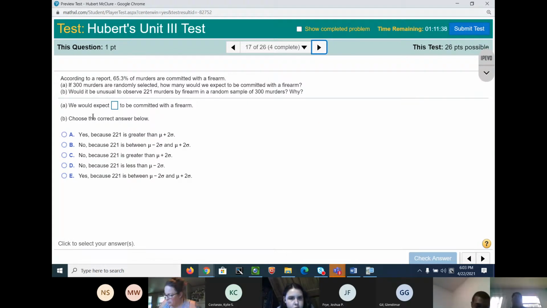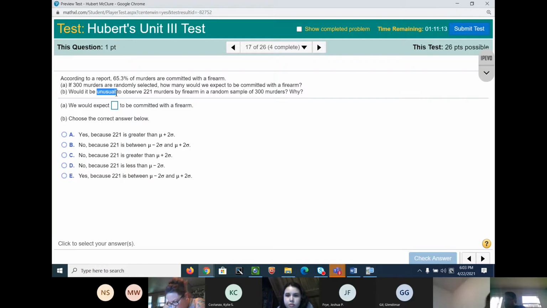Okay, so looks like to me we've got to get the mean and the standard deviation so we can do the empirical rule. Now, how do I know that? Because of this word. What is that word that I highlighted? Unusual. Unusual says, how is this going to line up on the empirical rule?